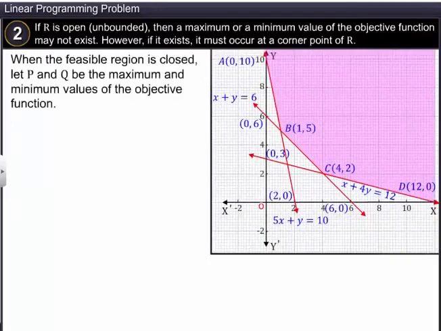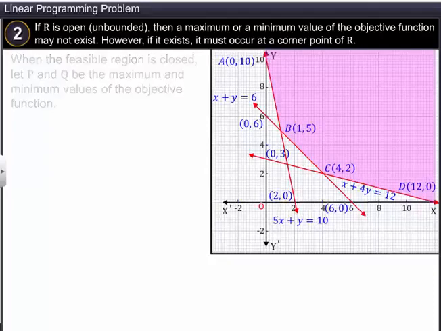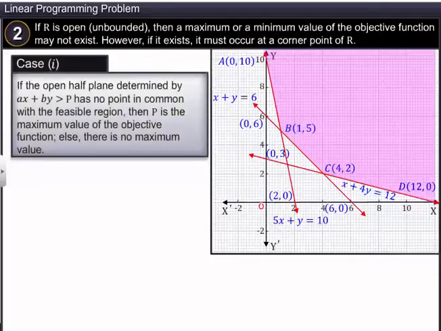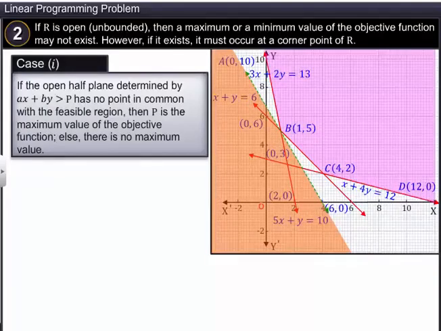When the feasible region is closed, let P and Q be the maximum and the minimum values of the objective function. If the feasible region is open, we have two cases. Case 1. If the open half plane determined by ax plus by greater than P has no point in common with the feasible region, then P is the maximum value of the objective function.